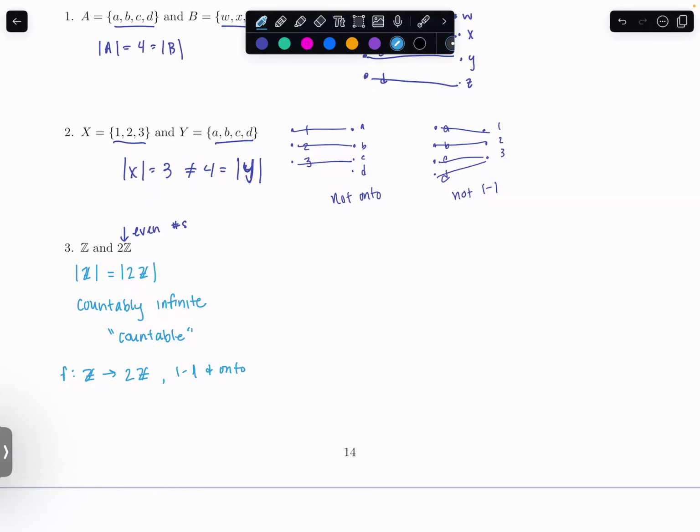I'm going to use the definition of how we get an even number, right? F of X is equal to 2X. We're going to show that this is both 1-to-1 and onto. And I'm going to do it in this space over here.